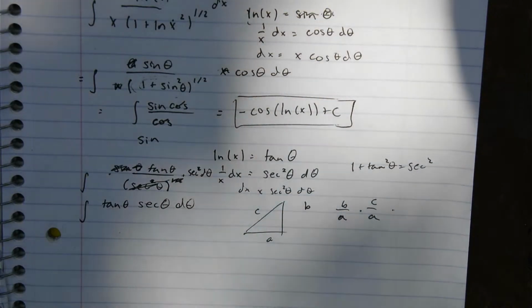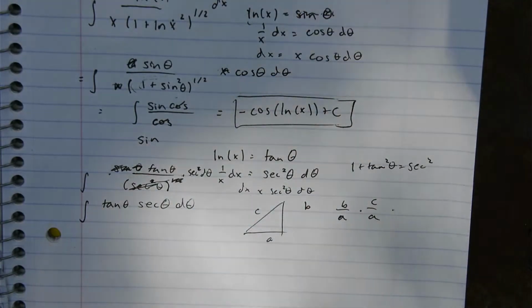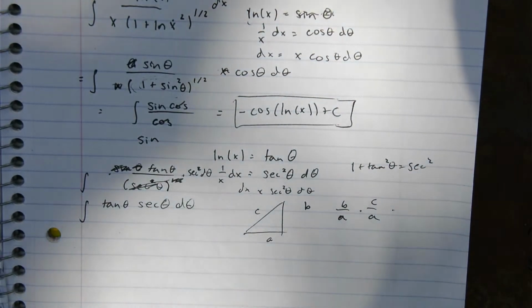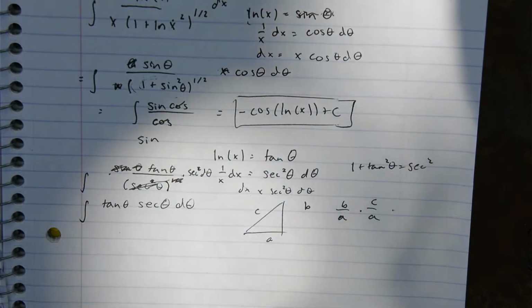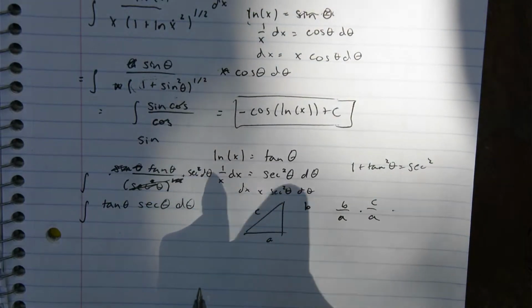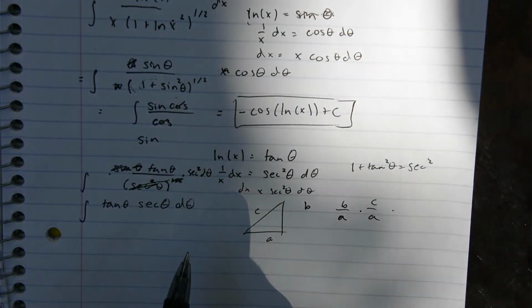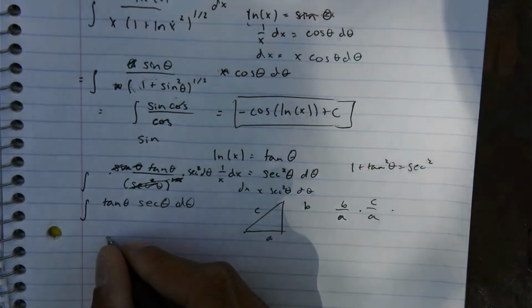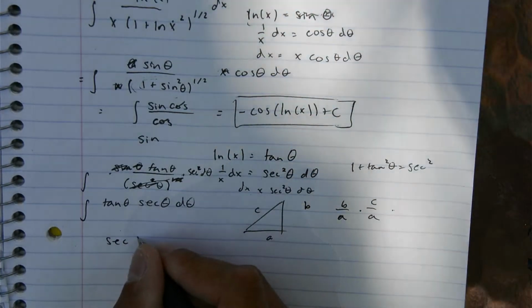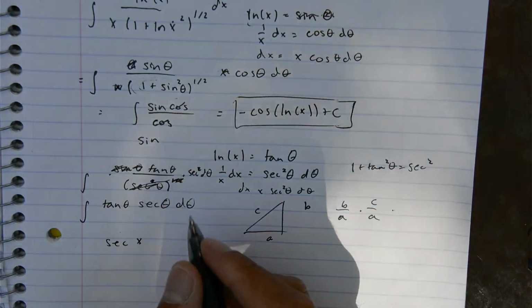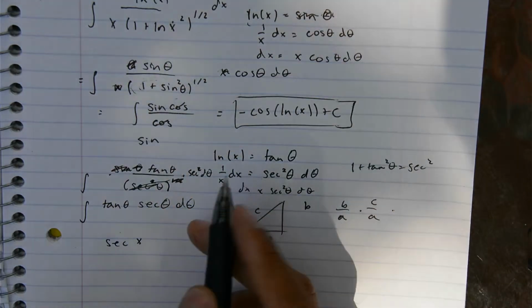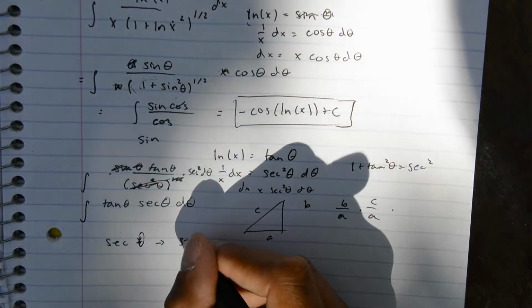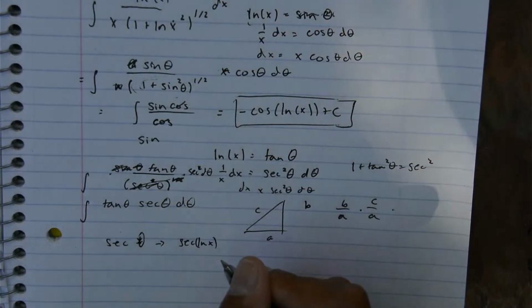Integrate tan x cosecant x dx. So this becomes... Oh, really? So this just becomes sec x. So that, but then that becomes, or sec theta. So that becomes sec ln x. I don't think that's right.